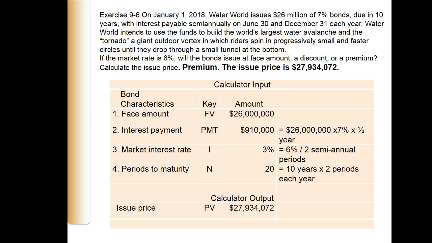Waterworld intends to use the funds to build the world's largest water avalanche, and the tornado, a giant outdoor vortex in which riders spin in progressively smaller and faster circles until they drop through a small tunnel at the bottom. If the market rate is 6%, will the bonds issue at face amount, a discount, or a premium? And we're supposed to calculate the issue price.